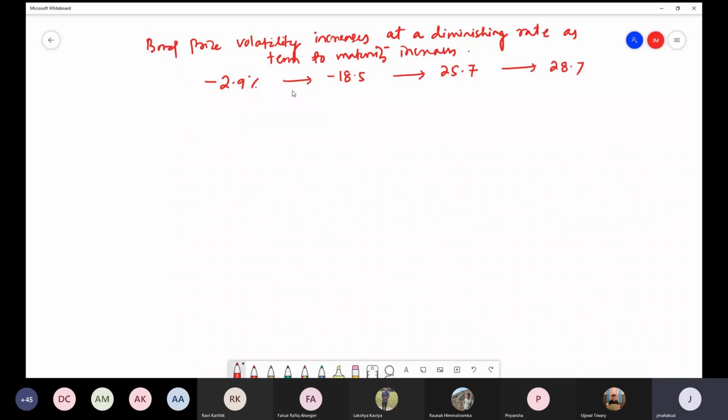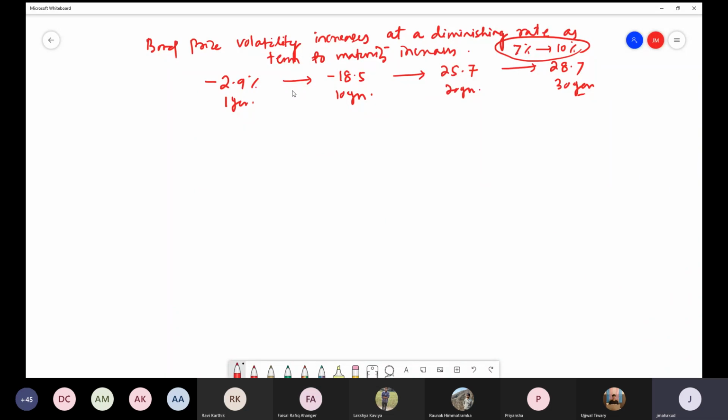So this is a 1 year maturity bond, this is a 10-year maturity bond, this is a 20 years maturity bond, and this is a 30 years maturity bond. Whenever your interest rate has changed from 7% to 10%, you will find that the price change or volatility is increasing, but it is increasing at a diminishing rate.